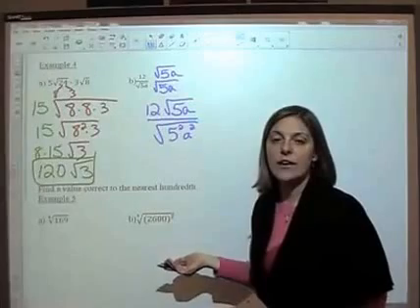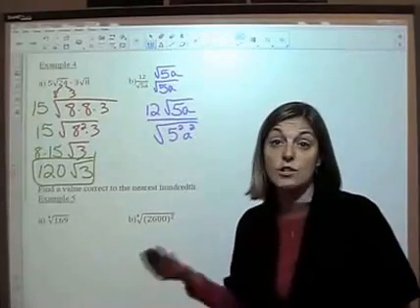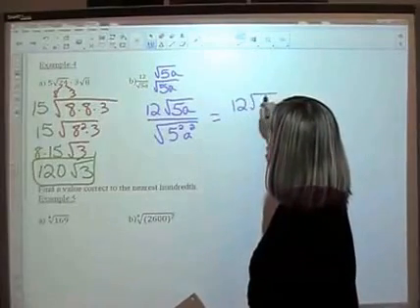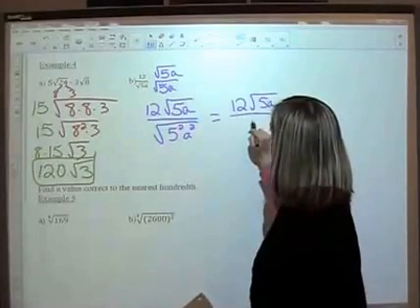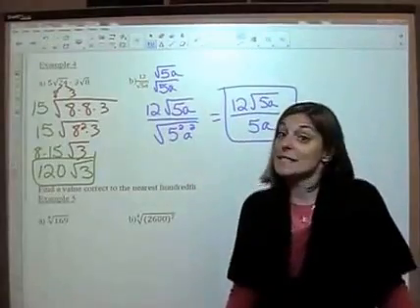Now, on the denominator, you have the square root of 5 squared times a squared, so the squares are going to cancel out with that square root. And that can't simplify any further.